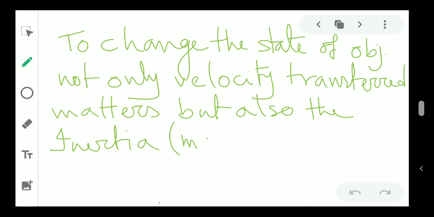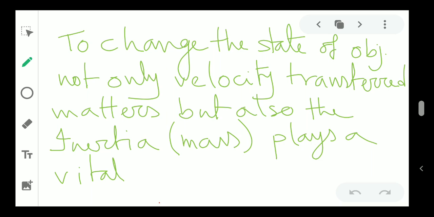Inertia, which is nothing but your mass, plays a vital role. So this is a very important conclusion here.